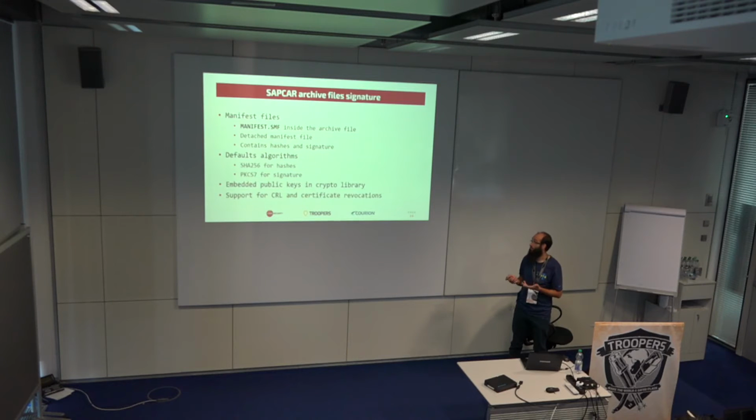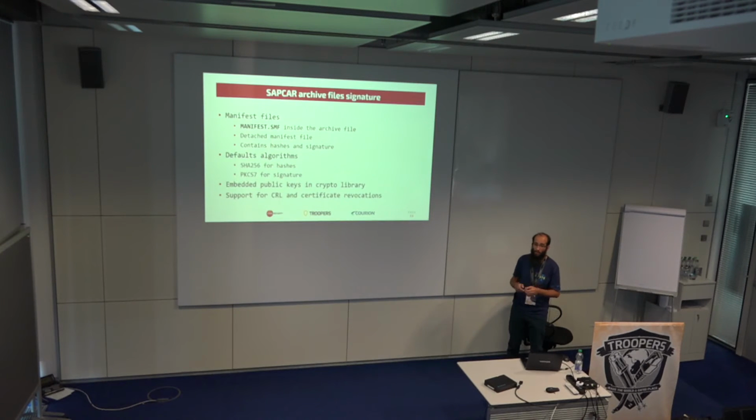Another interesting thing is that it supports CRL, which is a mechanism for checking that the certificate used to sign a file was not revoked. So you can do revocation checking within the SAP CAR, which is something really good.